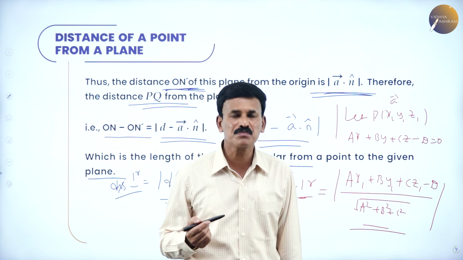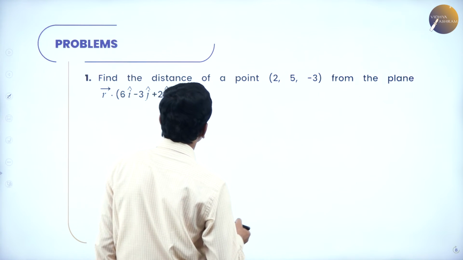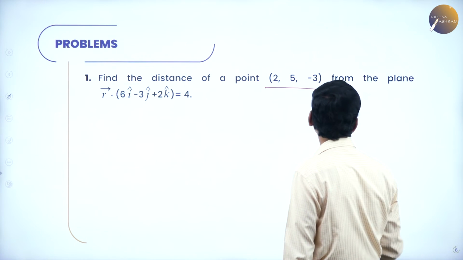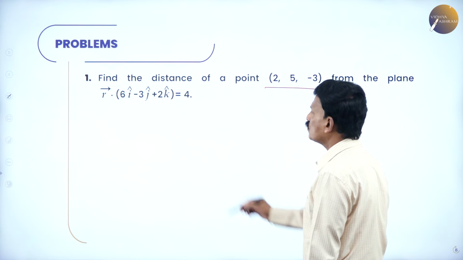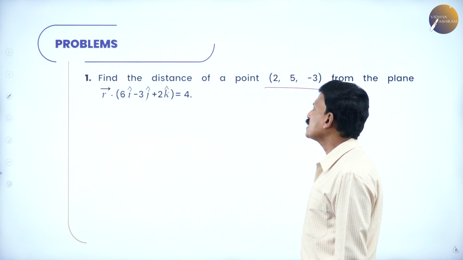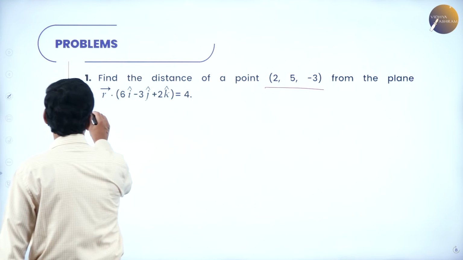Now let us consider one simple example based on this. Find the distance of the point (2, 5, minus 3) from the plane whose vector equation is r dot (6i minus 3j plus 2k) is equal to 4. Very simple here. So what is given?